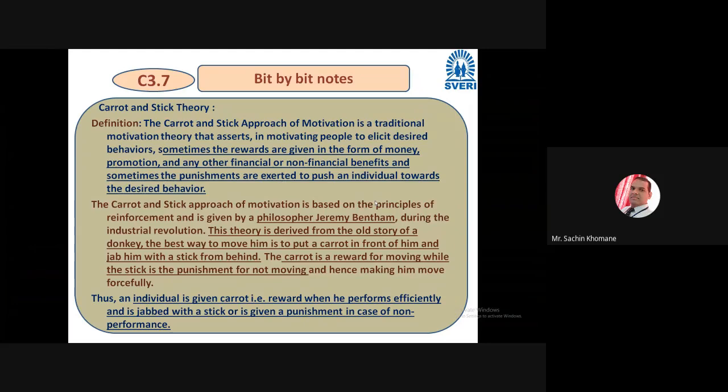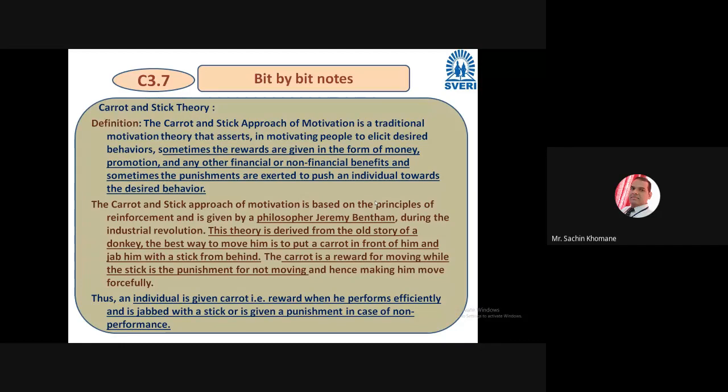We have understood the old story of the donkey, right? By using that analogy, we have seen the carrot and stick theory, and we concluded that in the organization, as a manager, people should give incentives to their subordinates and motivate the people.